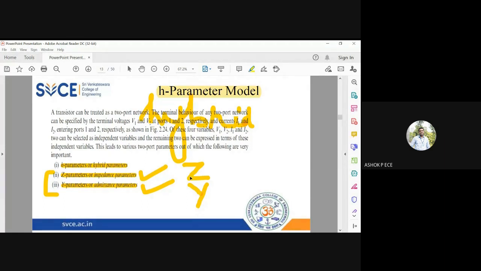So one is Z, one is Y. Then if I divide both Z, I will get the ratio of Z1 by Z2. That is not going to have any unit, correct? Because the ohm by ohm will get cancelled. And finally, Y1 by Y2, which is also not going to have any unit because the admittance will get cancelled. So when I combine Z and Y parameters, what I get is called H parameters.